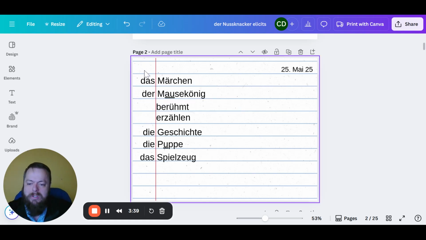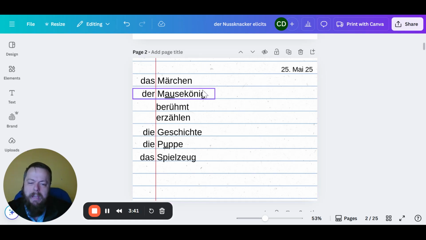You do it usually two, maybe three times, depending on how many you have. Your goal while they repeat is to correct some of the pronunciation. I might underline some diphthongs, like AU, since some kids pronounce it a different way. Or die Pupa, where the U is like ooh, and you get the giggles out because they think they're saying poop, but they're not. You're saying pupa like puppet, and they get it after that.